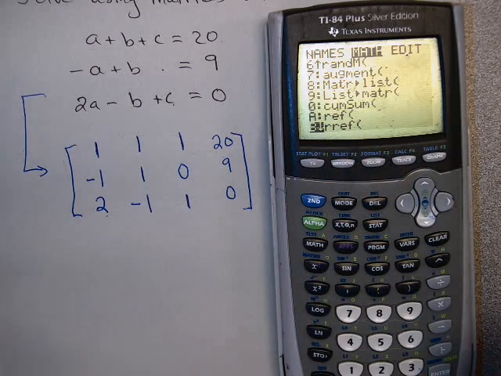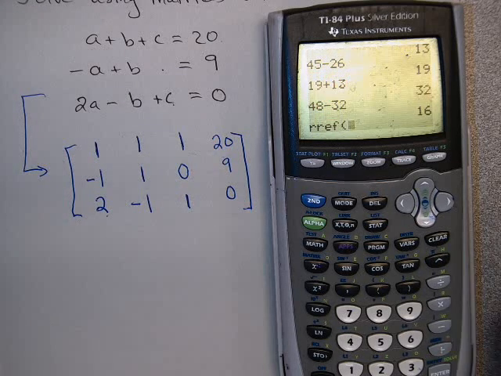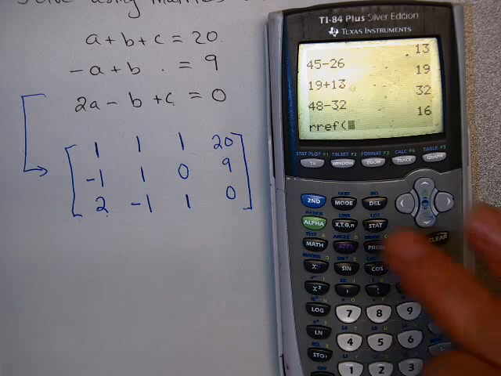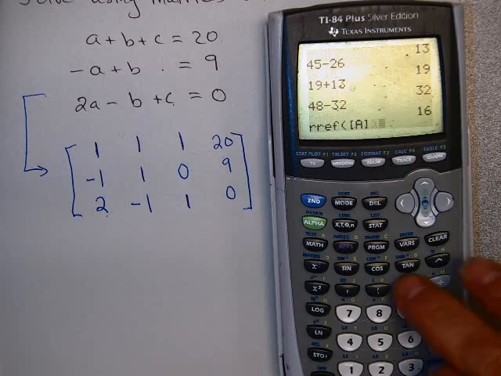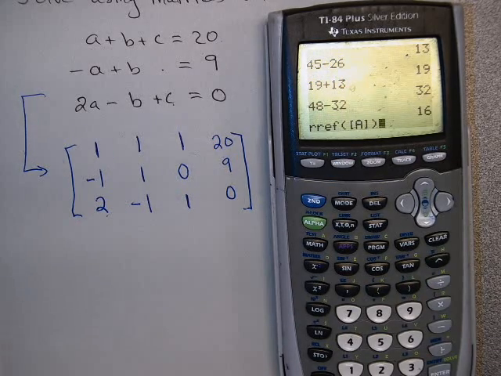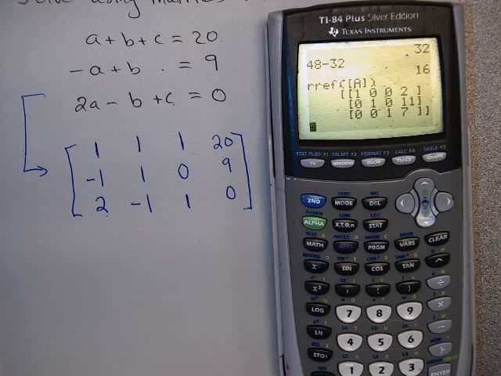That stands for row reduced echelon form. That's not something we cover in this class, but go ahead and just hit enter on that. Then I have to put in the name of the matrix. Do not type the letter A. You have to get the name of the matrix by doing this. Second matrix, number 1. Okay, put an end parentheses, hit enter.